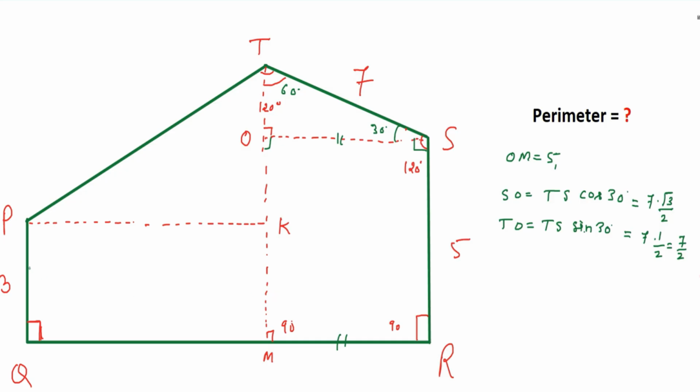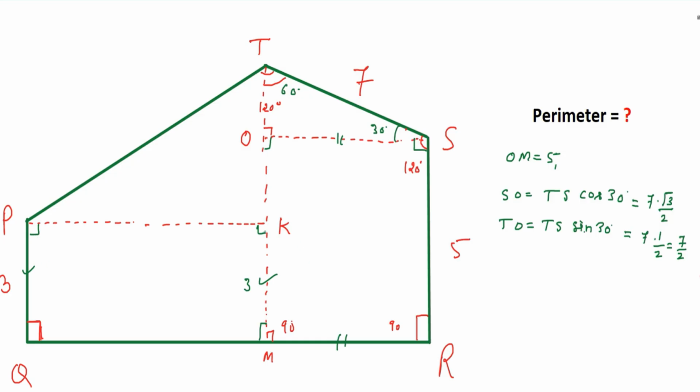OM is 5 units and PQ is 3 units. That means KM will also be 3 units since PKMQ is a rectangle. This angle is 90 degrees, this angle is 90 degrees and this angle is 90 degrees, and side length PQ will be equal to KM.